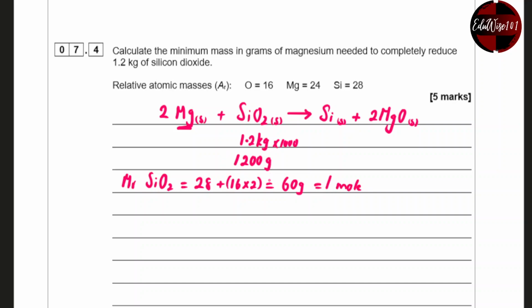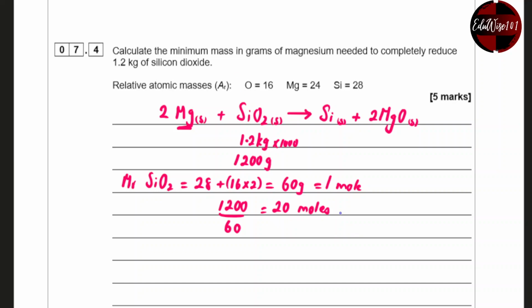You're using 1200 grams, so how many moles is that? 1200 grams divided by 60 will give you 20 moles.